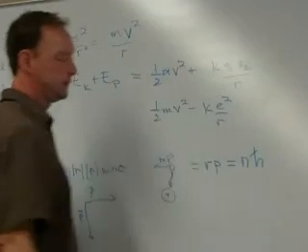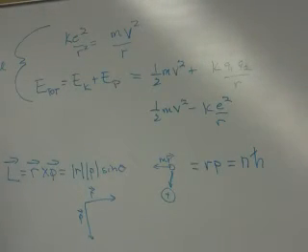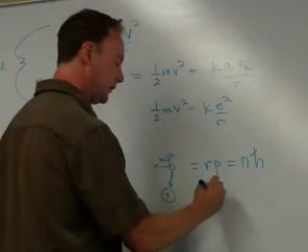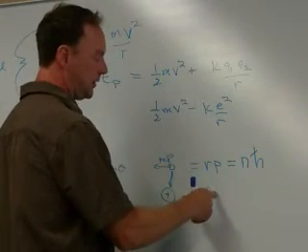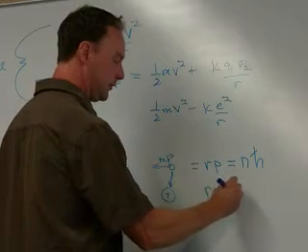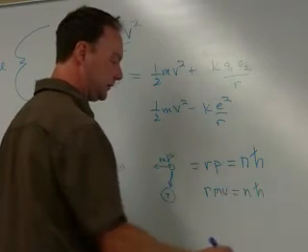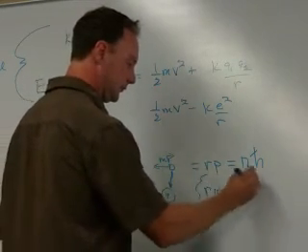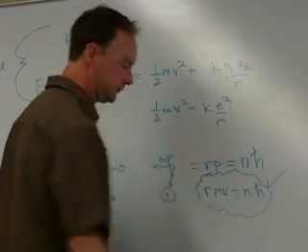Okay, here it's h bar. So in other words, r times m v has to equal n h bar. So this is new.